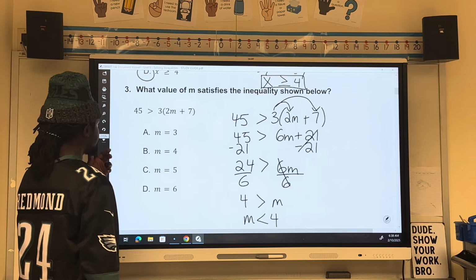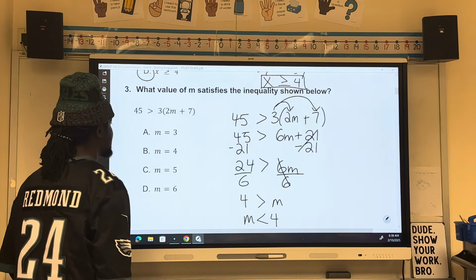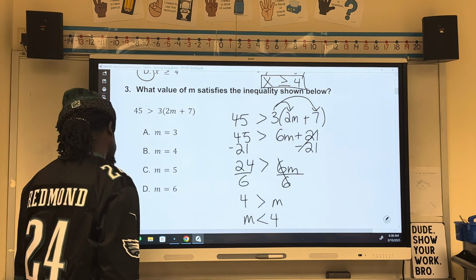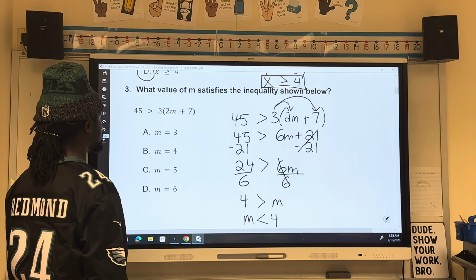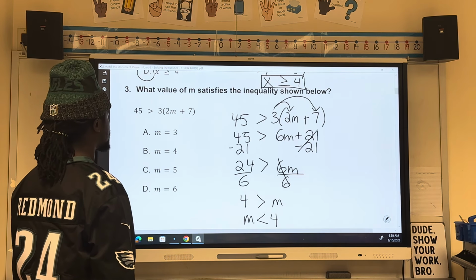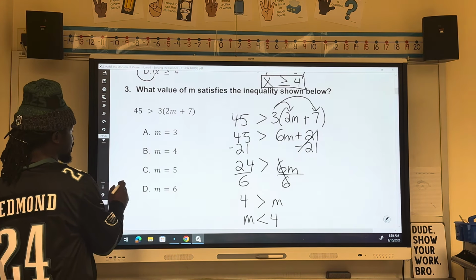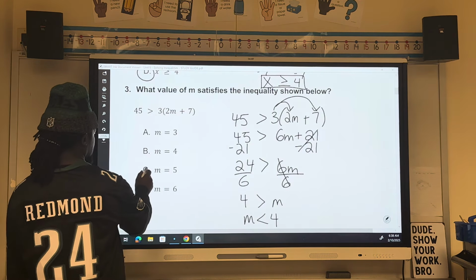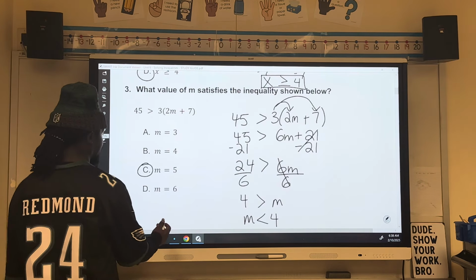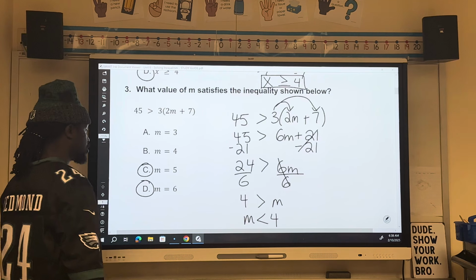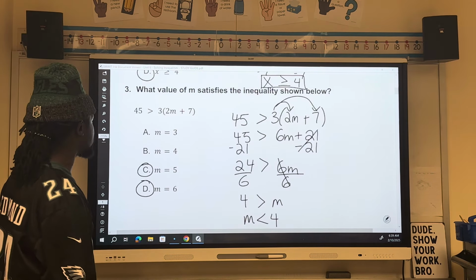Well, here I have multiple solutions. So it could be m equals 5, that would make that true. And then also, m could equal 6, as long as it is greater than 4.